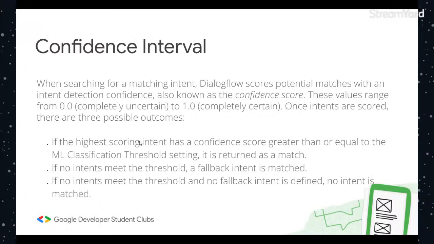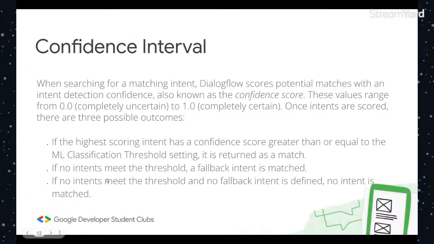There is also a threshold property which you can set. The general heuristic is 0.75 or 0.8. If the intent matching is more than 75% or 80%, you can consider that the intent has been matched. Otherwise, it is not a match.